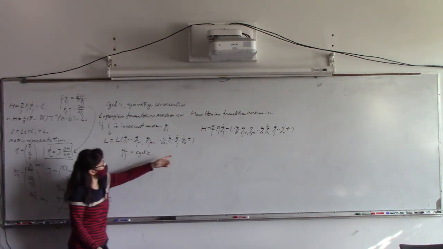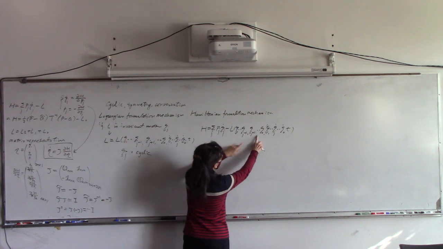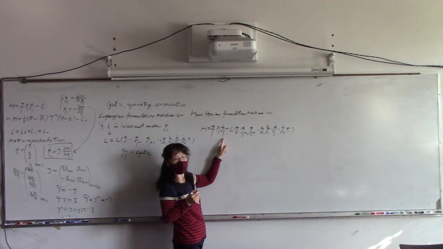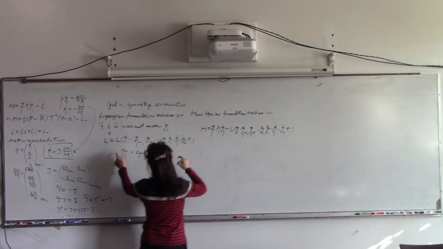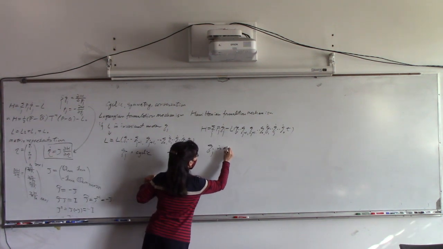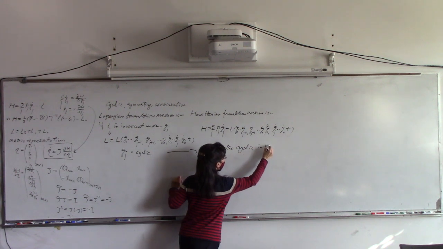So if this is the case, that means the Hamiltonian is given by this, but here we do not have a Qj. And the first term is Pj, Qj dot, no Qj, right? So if this is cyclic, that means Qj is also cyclic in the Hamiltonian.